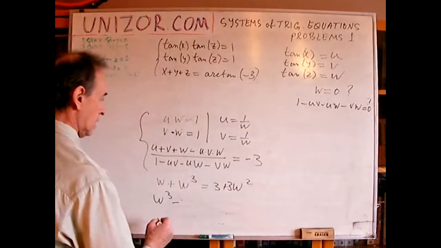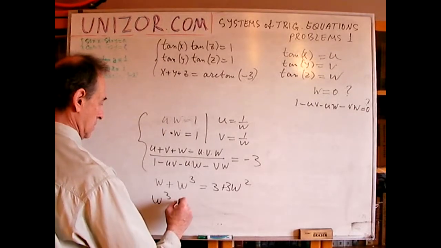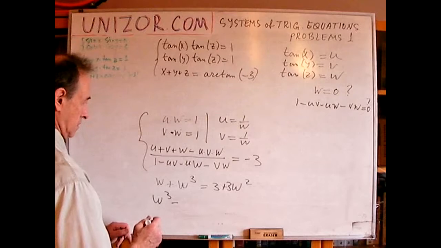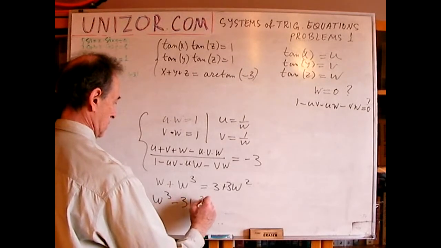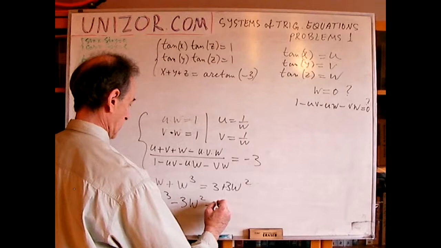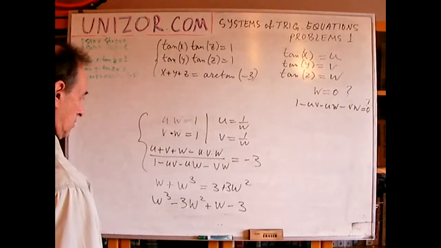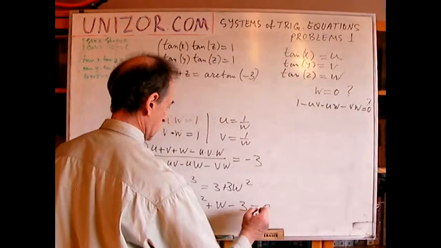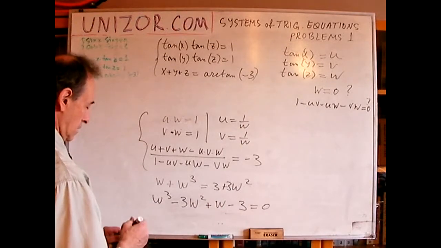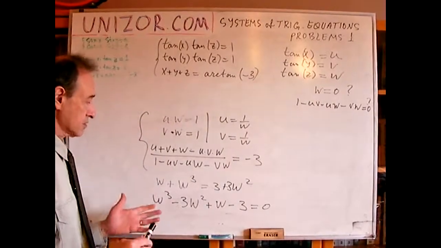Sorry. W cubed minus 3w squared plus w minus 3 equals 0. Now, I have to solve this equation of the third degree. So it's not such an easy thing.